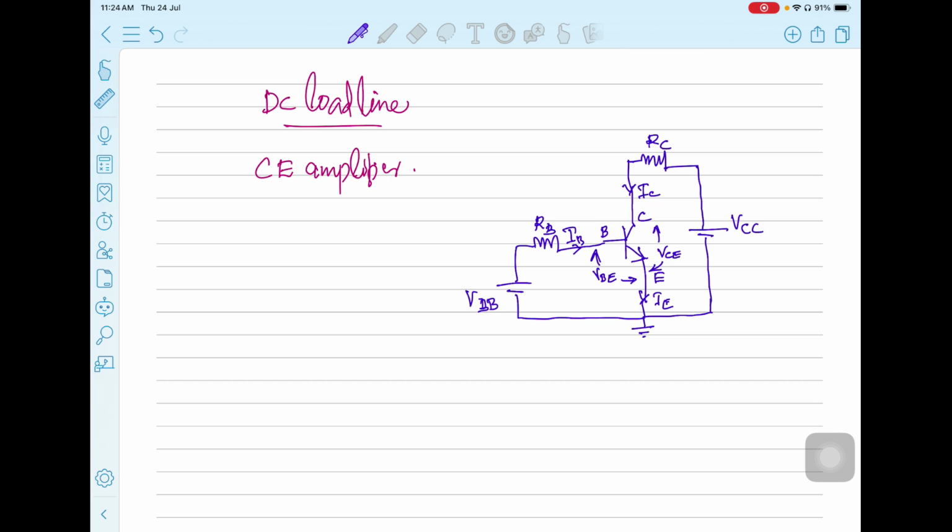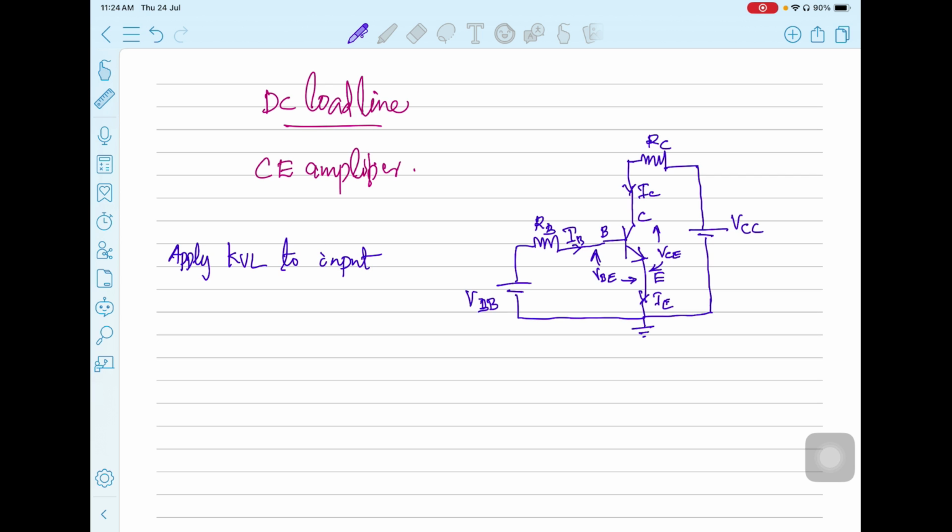And once we find how to draw the DC load line for this common emitter configuration, we should apply Kirchhoff's voltage law. So I'm going to apply Kirchhoff's voltage law to the input side. So this is apply KVL to input.